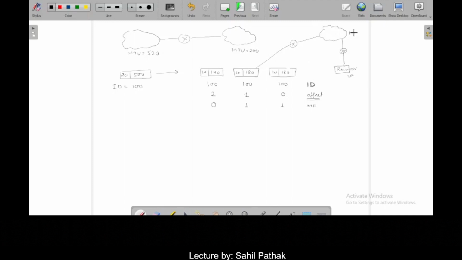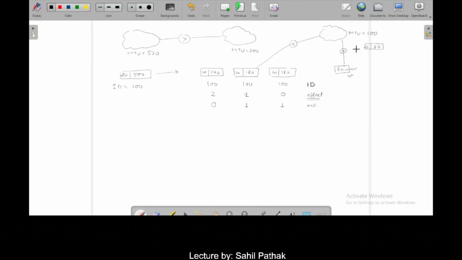Let us suppose this network has an MTU of 100. That means the maximum data that can be put into the data link layer frame in this network will be 100, and hence it can be divided into 20 byte of header and 80 byte of data.